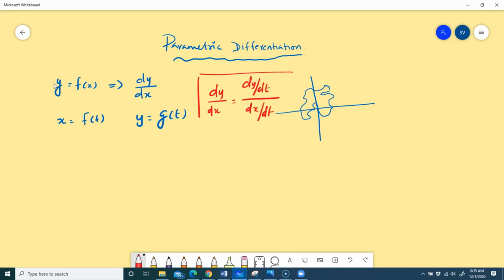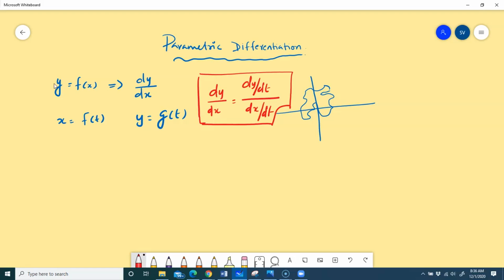But when you are studying something, you need to know how or why this formula works. That is very important, the why question. You have to ask yourself that why question always if you are studying some kind of concept. So I am going to answer that why part of this parametric differentiation.